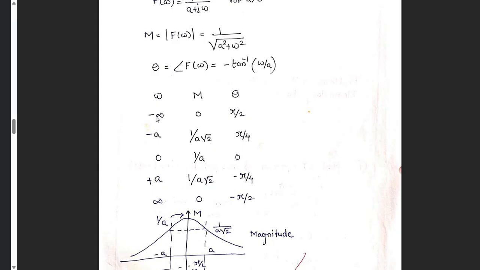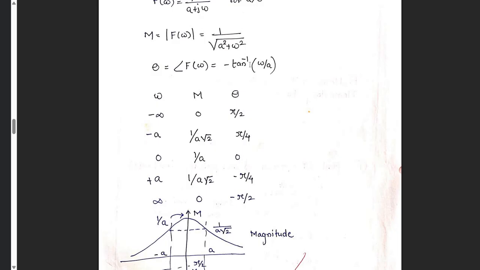So substitute omega equal to minus infinity here. Accordingly, the magnitude will be 0 because it will come out to be 1 upon infinity, and for omega equal to minus infinity, minus minus plus, therefore the phase will be pi by 2. When we put omega equal to minus a, omega square is a square only, so it will be 2a square, and therefore it will be 1 upon a root 2.